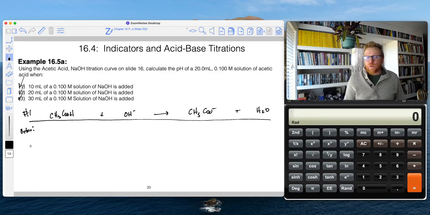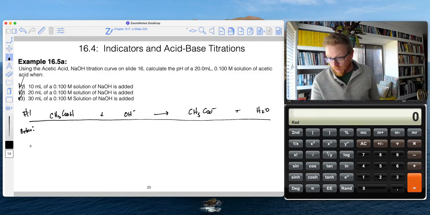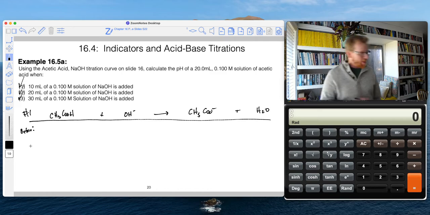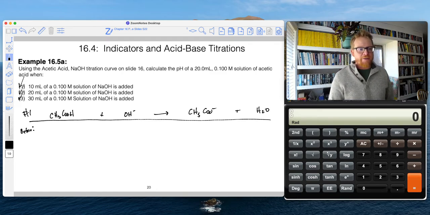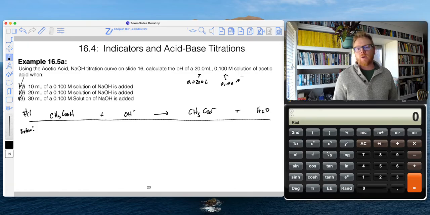Remember, we've got to do the proper calculation of getting moles, comparing moles, and then converting back to molarity. So our acetic acid is 20 milliliters of 0.1, which is 0.0200 liters, and this is 0.100 mole per liter. So I can start by saying 0.0200 liters times 0.100 mole per liter.